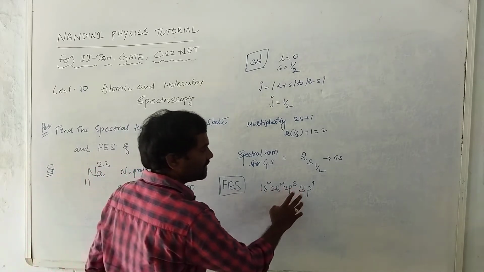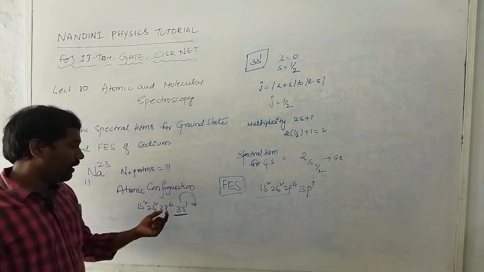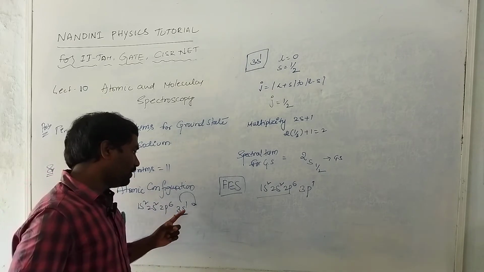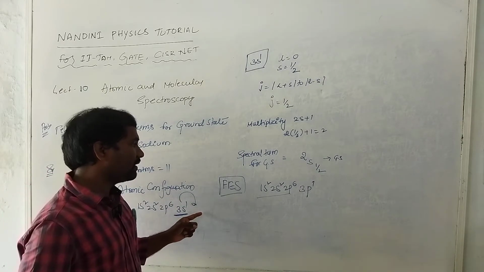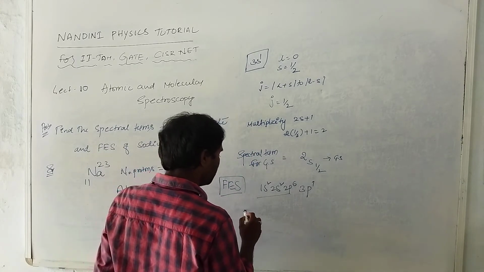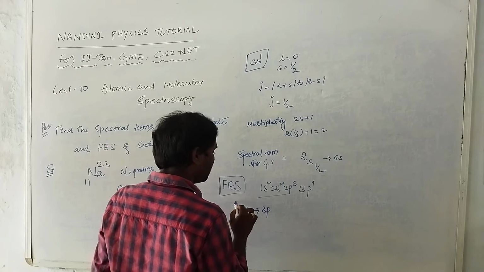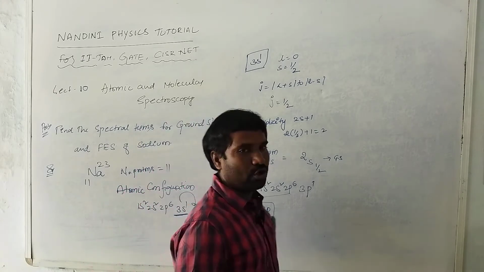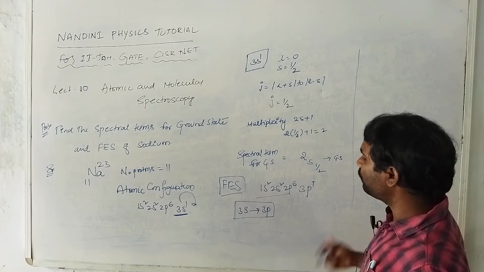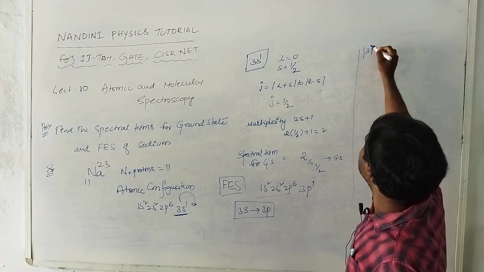The filled shells need not be taken, only the outermost configuration: 3s1 for the ground state, and the electron jumps to the next higher state, 3p1. So the transition is from 3s to 3p, and 3p1 is the first excited state.